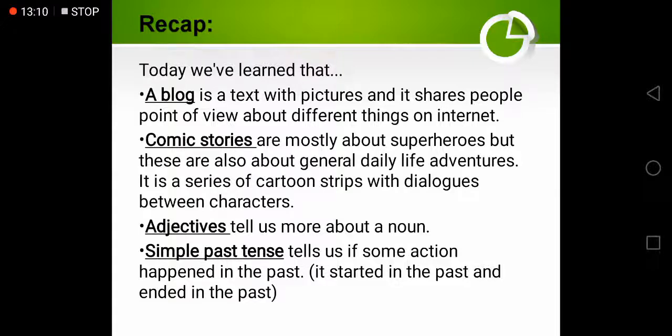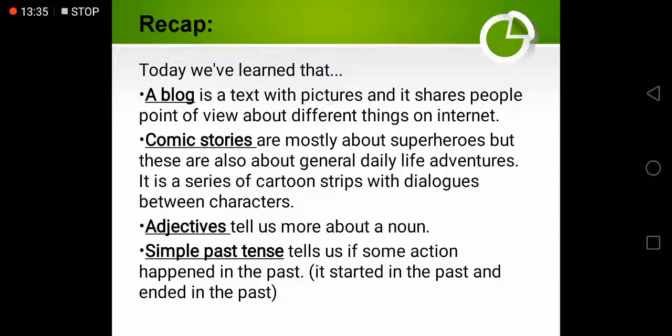Let's recap today's topic. Today we have learned that a blog is a text with pictures and it shares people's point of view about different things on the internet. Comic stories are mostly about superheroes, but these are also about general daily life adventures. It is a series of cartoon strips with dialogues between characters. Adjectives tell us more about a noun.